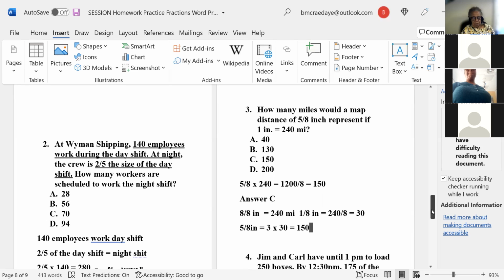So what Maureen did, she said if 1 inch is 240, then 5/8 of that inch, which is 5/8 inches, is 5/8 times 240, which gives you 150.